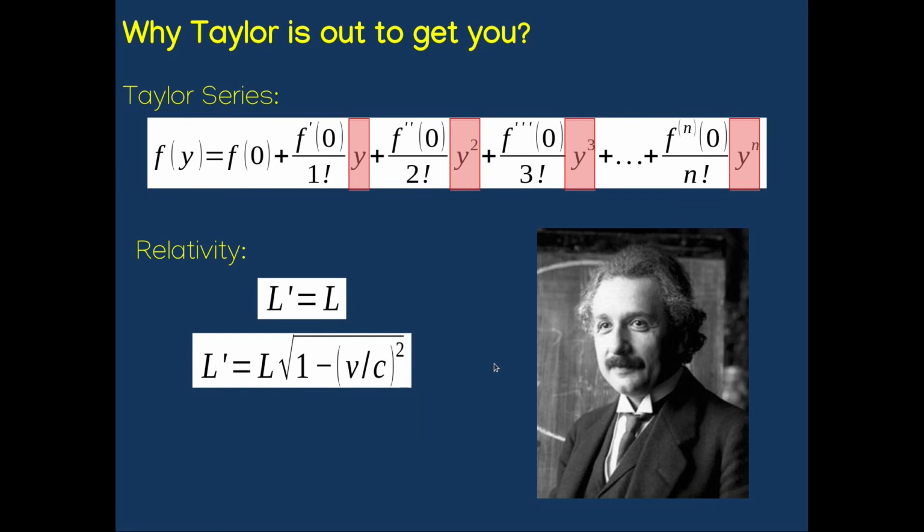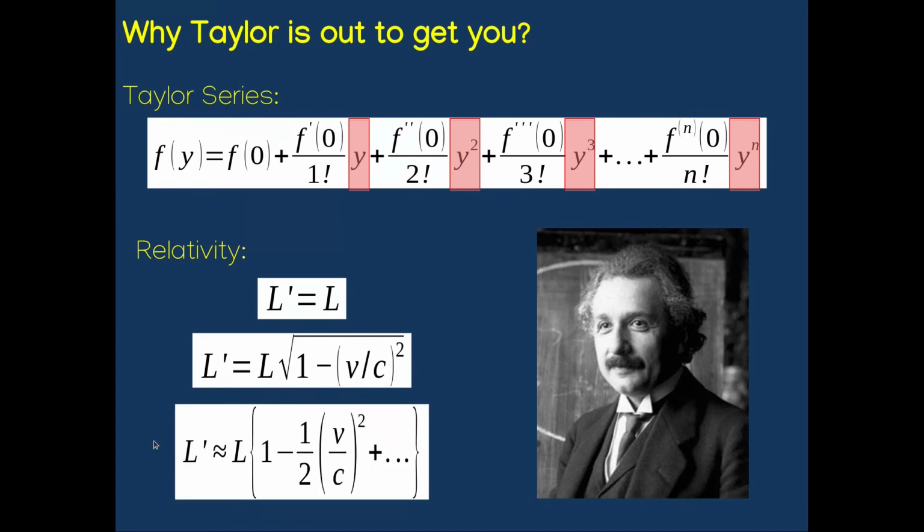One of the things Einstein is famous for is length contraction from special relativity. We can, of course, write this out as a Taylor series so that my length is expressed as a polynomial that includes an expansion of higher and higher powers of that velocity over c term.